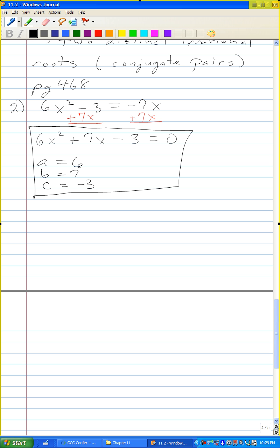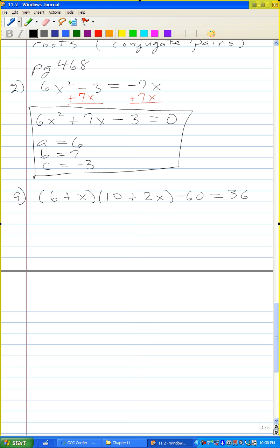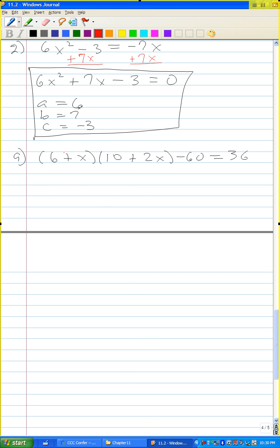Let me do problem number 9: (6 plus x)(10 plus 2x) minus 60 equals 36. So let me multiply this out.